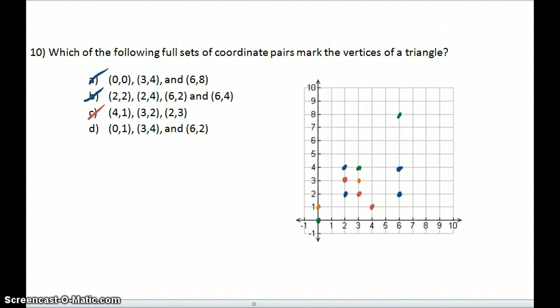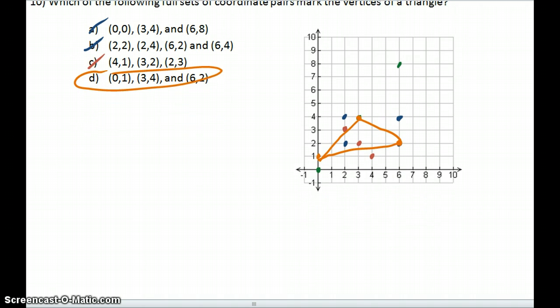That was actually plotted incorrectly. 3, 4, and 6, 2. We can see that these lines do in fact make a triangle. So we want to make sure that that last one, even if it's the only one that we think could be possible, we still want to check it to make sure.